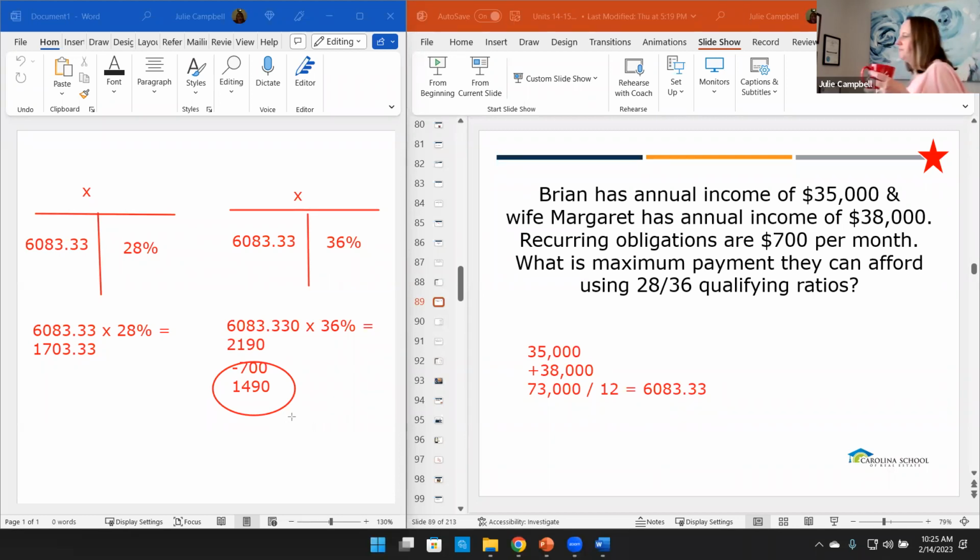Questions on this one? Maximum payment, think smaller of the two.